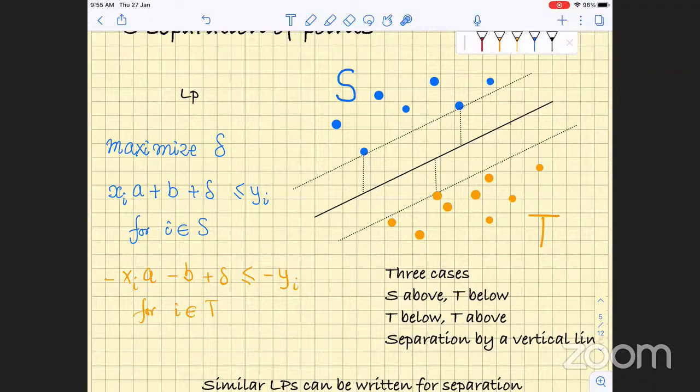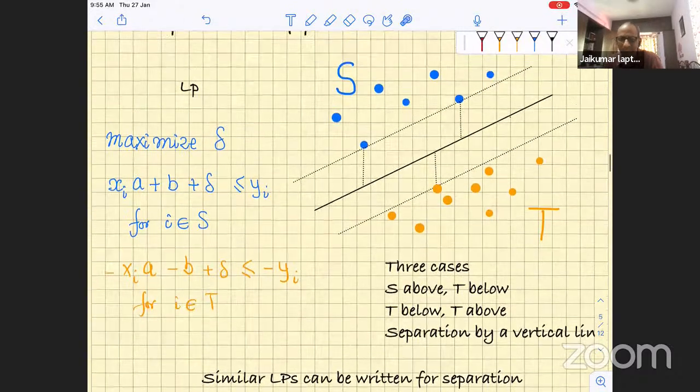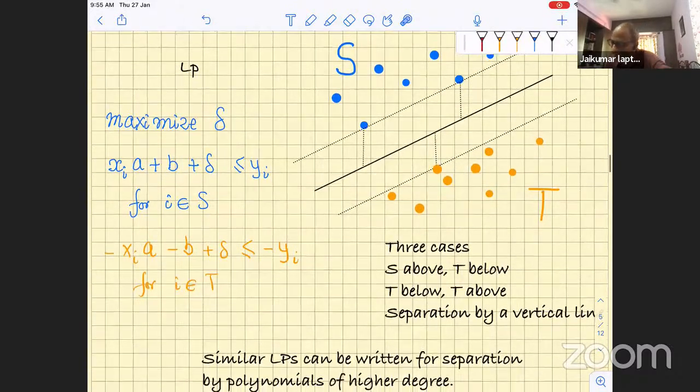Sounds right to me. Please check. I mean, it's just a question of plus delta or minus delta. One of them should be correct. What is written seems right, but just check. I might be mistaken. But nevertheless, there are two inequalities that we need to write, for the blue points and for the orange points.